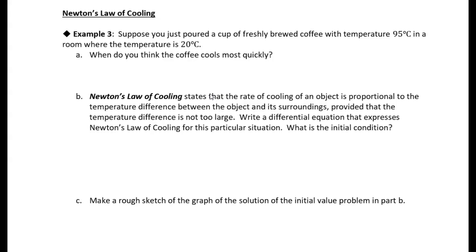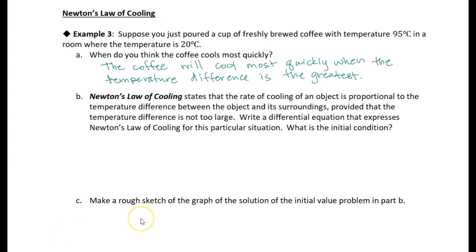When do you think the coffee cools the most quickly? Well, the coffee cools most quickly when the temperature difference is the greatest. So when you first pour that cup of coffee, it's going to cool down fairly quickly, but over the long term it's going to reach the temperature of the room, right?